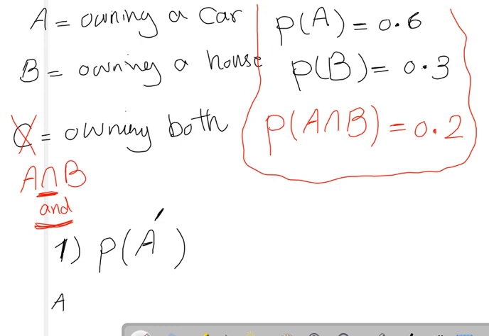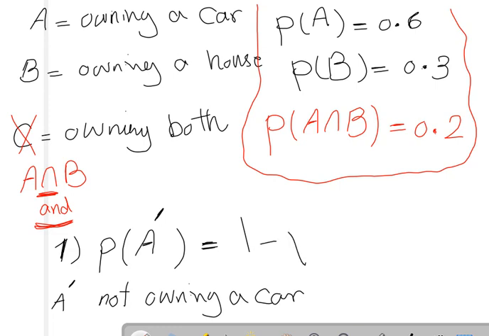A prime is not owning a car. So we can write this as 1 minus 0.6.